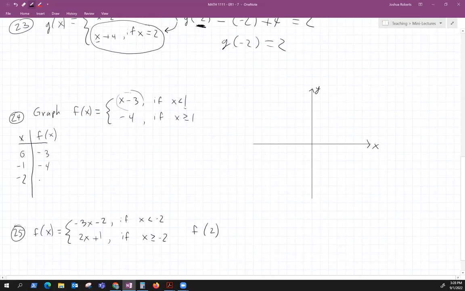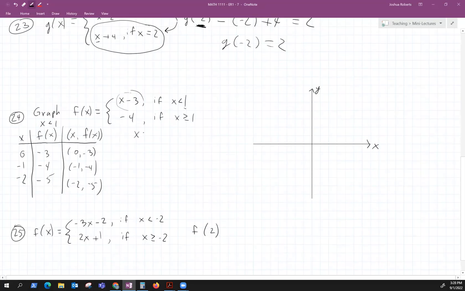And -2 minus 3 is -5. So my points that I plot are going to be 0, -3, -1, -4, -2, -5. And this is all for x strictly less than 1.